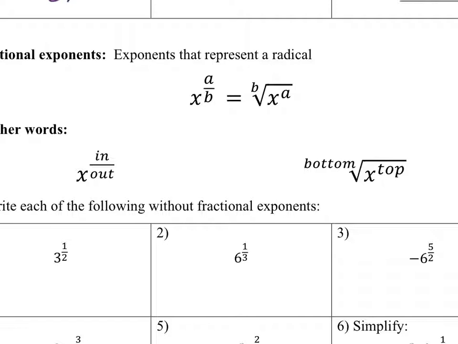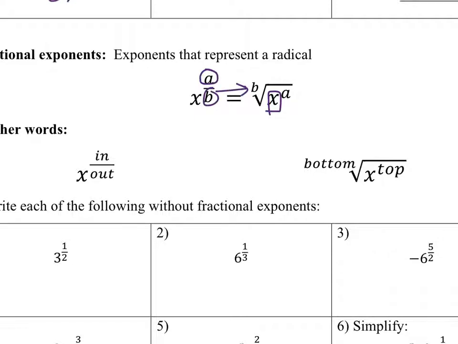So, fractional exponents are another way to write a radical. That's right. Combining all three lovelies for you. So the basic idea is the thing on top is the exponent that's on the x, and the thing on the bottom, well, that's your radical.